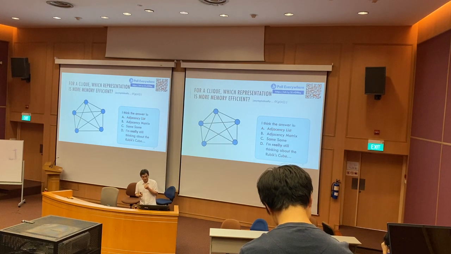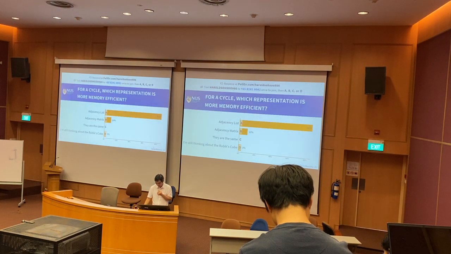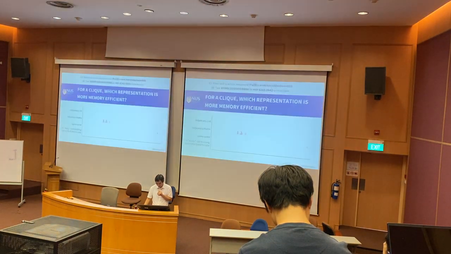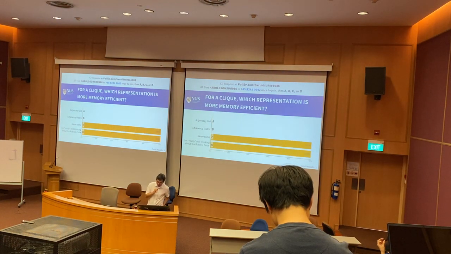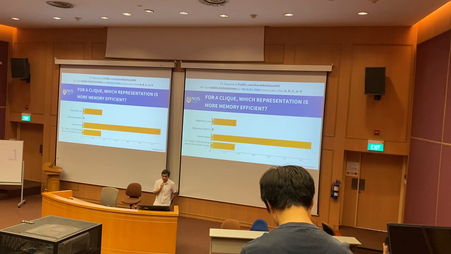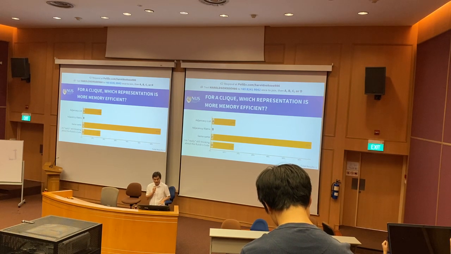How about for a clique? So for a clique, let's put this again on to everywhere. Which again is more memory efficient? Is it going to be the adjacency list or the adjacency matrix for a clique?